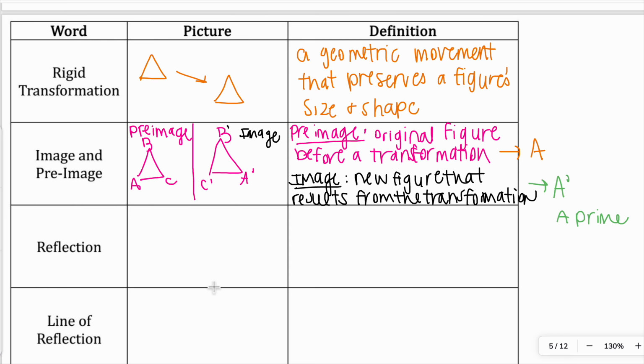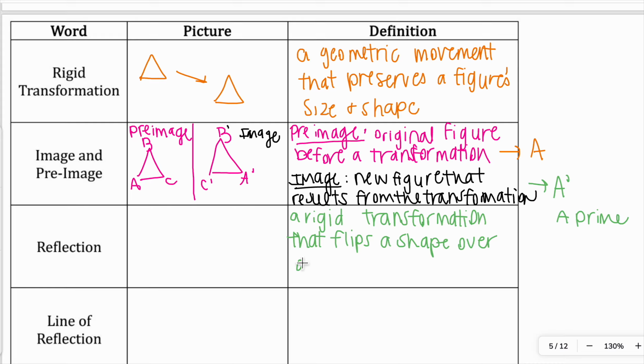Reflection is what we're going to focus on today, and that is a rigid transformation that flips a shape over a line.